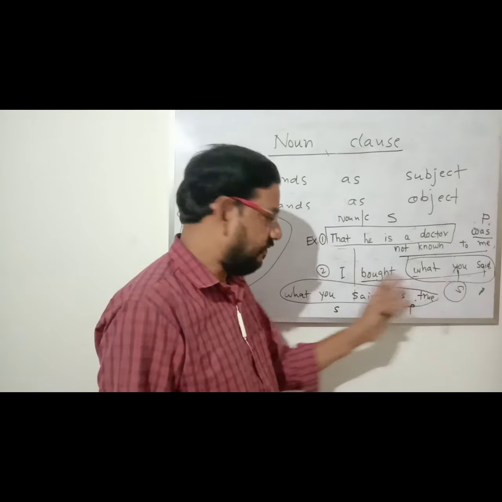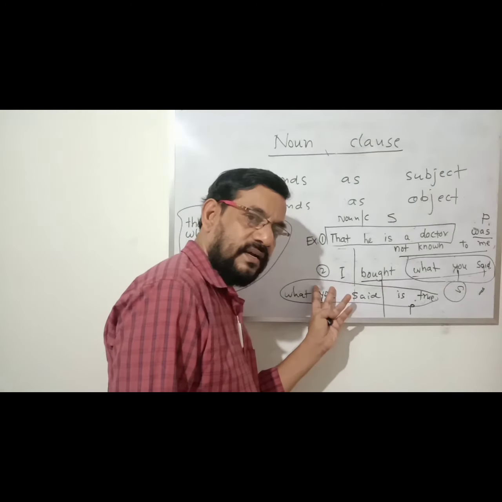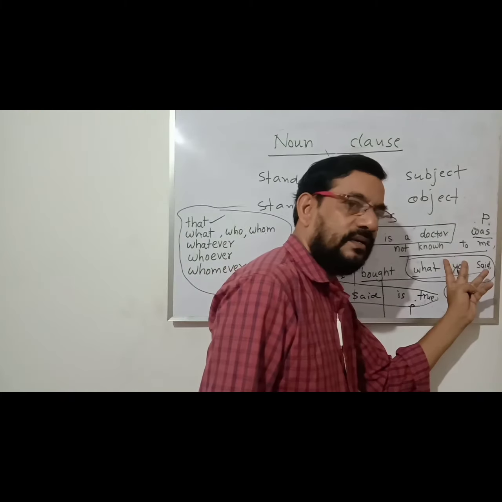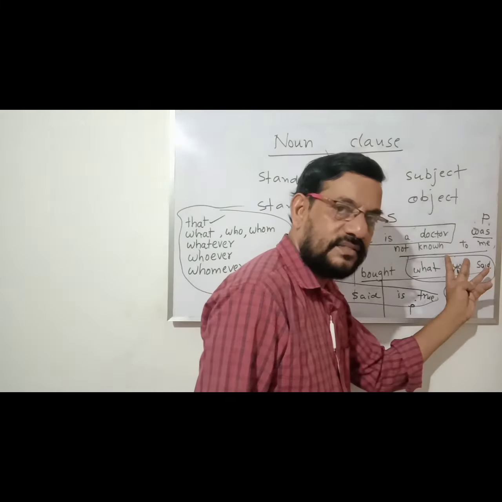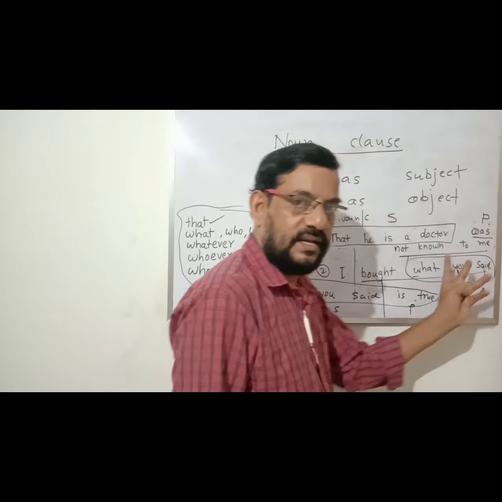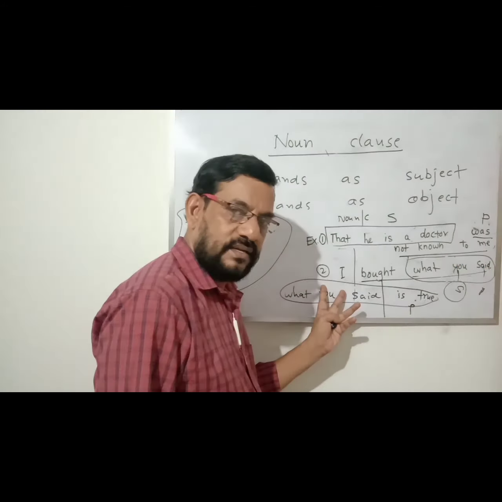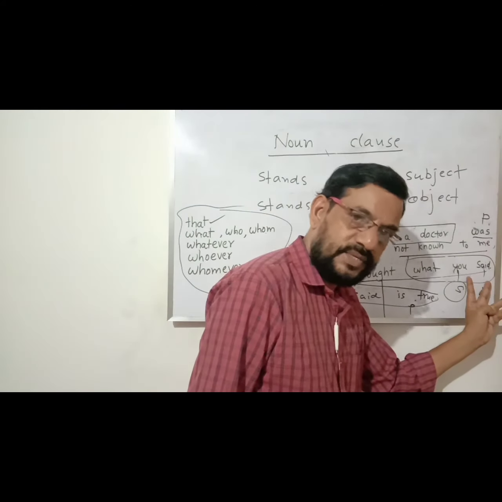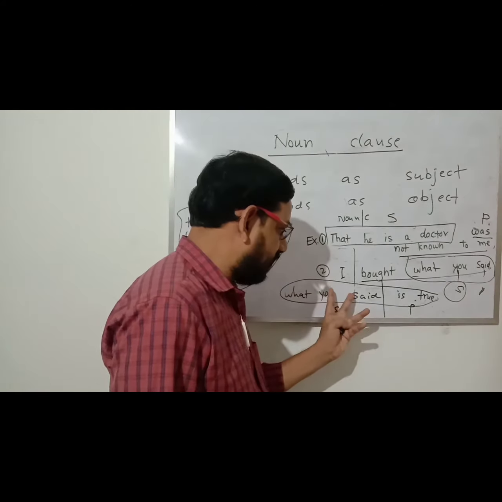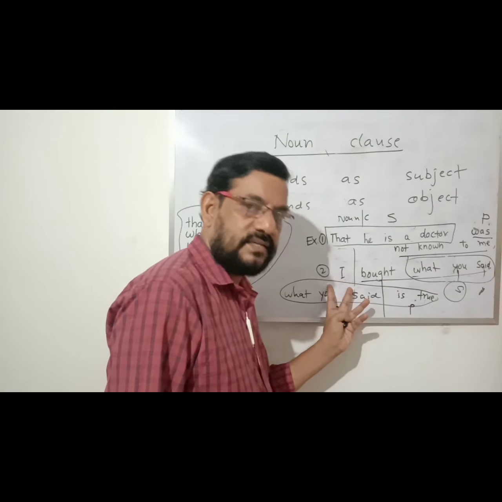Something is true. What is the something? What you said. Something, that is a subject. Object also, somebody or something. I bought what? Something. That is an object. So here, a noun clause has come as a subject.